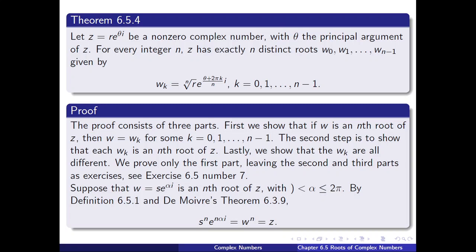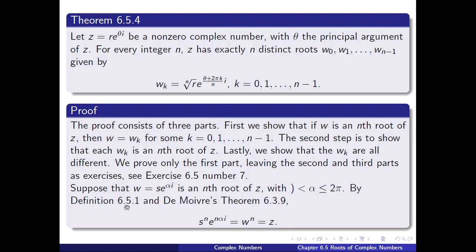So let's look at the first part. Suppose w, which is equal to s e^(alpha i), is an nth root, with alpha between 0 and 2 pi.